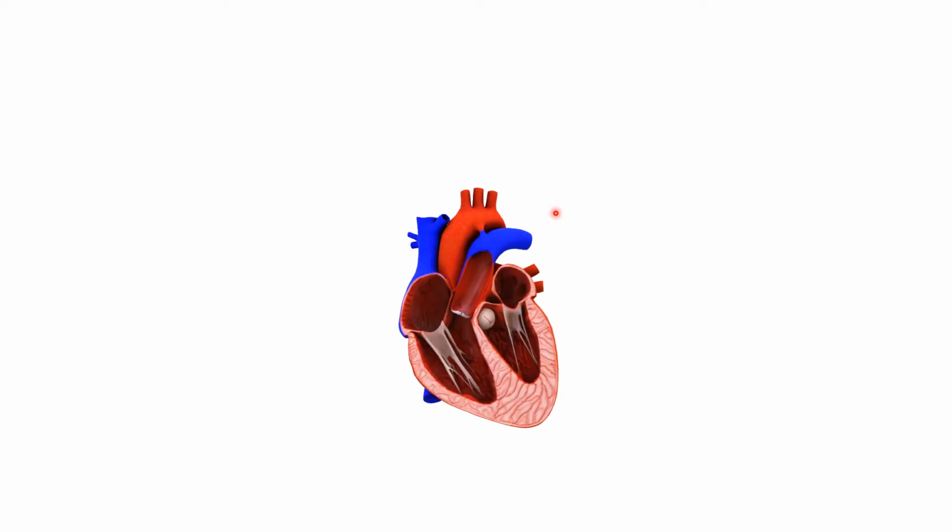Then reoxygenation will occur, and the oxygenated blood will come through the left part of the heart. The chamber here is the left atrium. The contents from the lungs will come to the left atrium via the pulmonary vein.